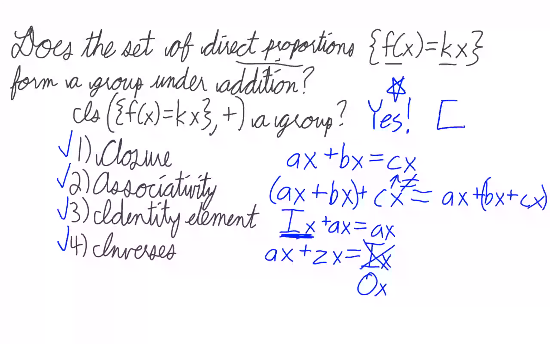And I'm going to use the square with a filled-in interior, which is the mathematical symbol for I did this proof. It's not like a copyright or a trademark or anything like that. It just means that we've got everything there. Bam, look at it. We know this for sure. So we are absolutely sure that the set of direct proportions under addition is a group.